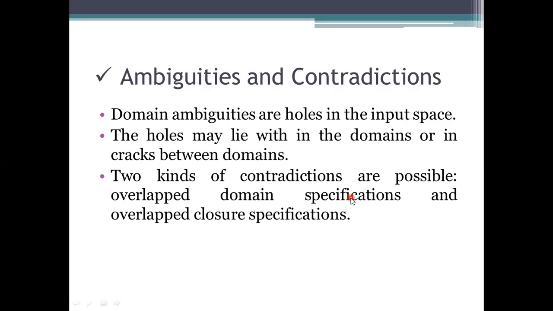If we do not, then the user or the tester, whoever is using the domain, will pick the values in his own way. It's his wish, so he can pick any of the values if we are not giving the boundaries in a clear manner.